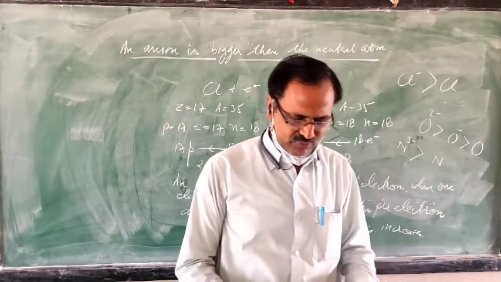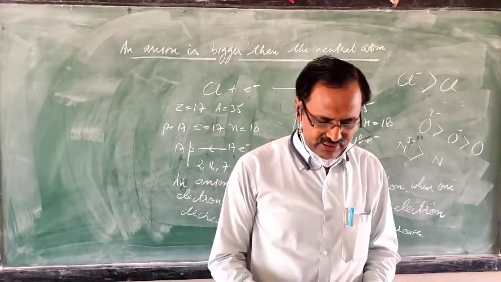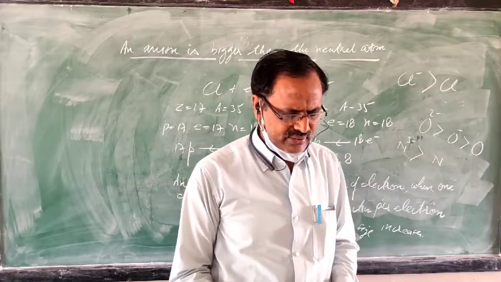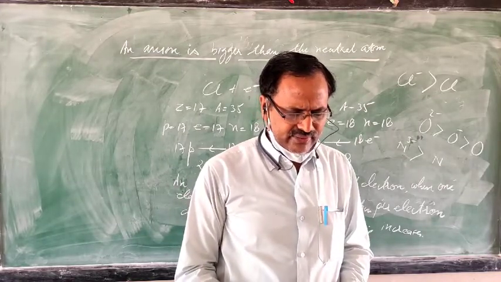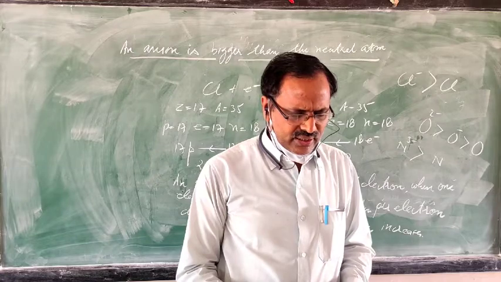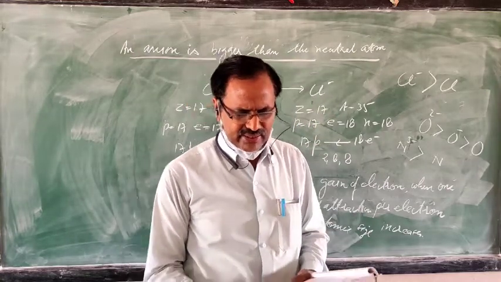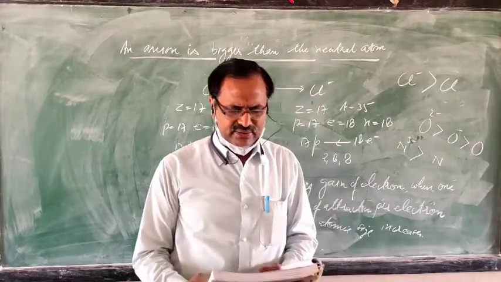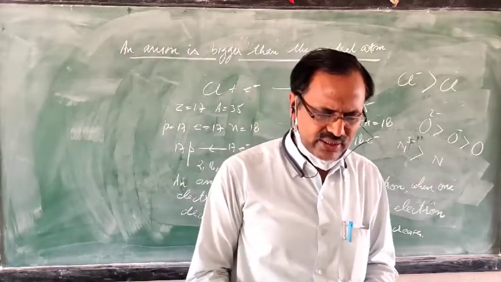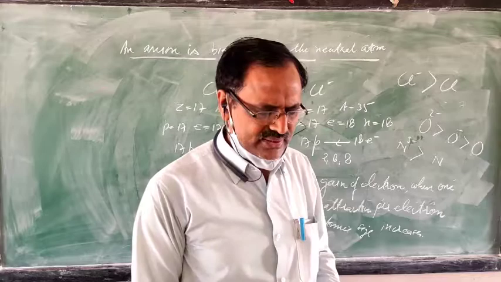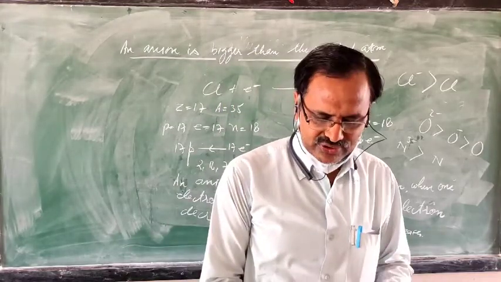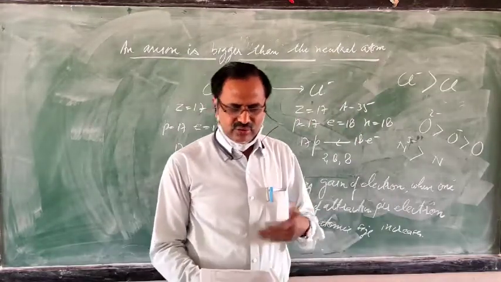So this is given in your book. Just underline on page number 9 that a cation formed by loss of electron is smaller than the parent neutral atom, since the remaining electrons in the cation are strongly attracted by the nucleus, thus decreasing the atomic size. So this is given, but I have also given my own explanation.